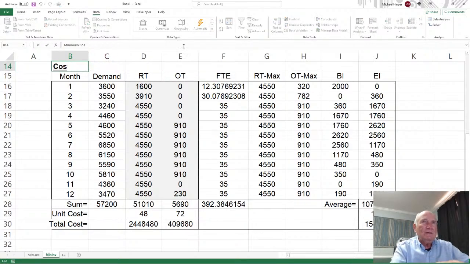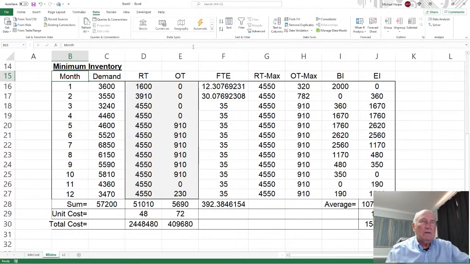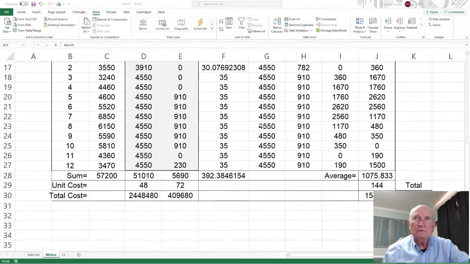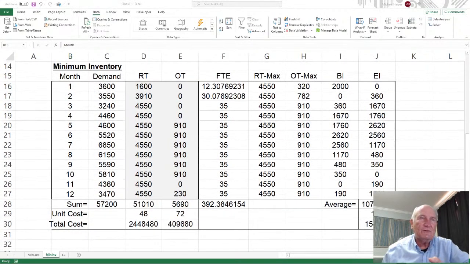Now, what does that mean? Well, there's a number of things it could mean. We could define that in all different ways. We could minimize the maximum, we can minimize the average, we can minimize the cost. What does it mean to have minimum inventory?